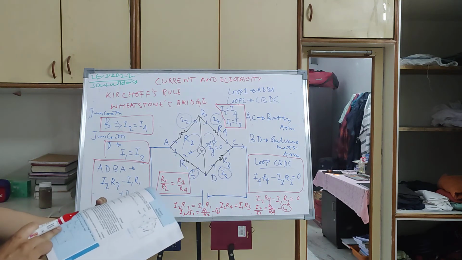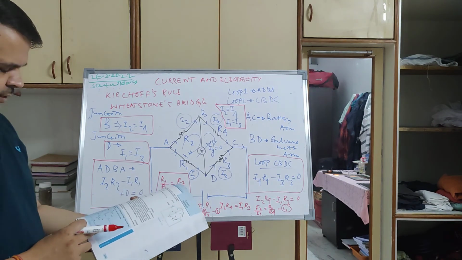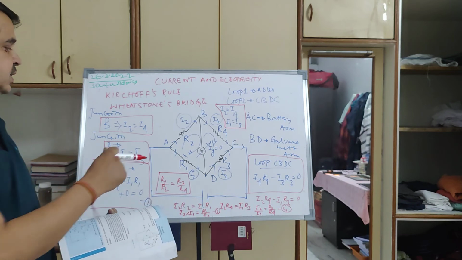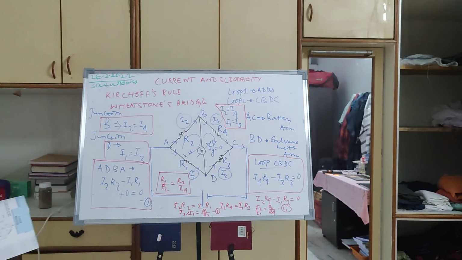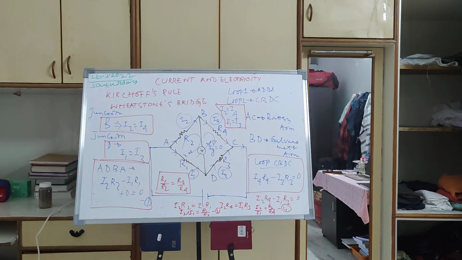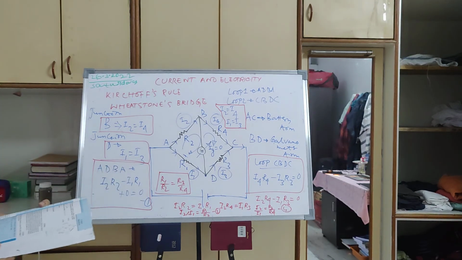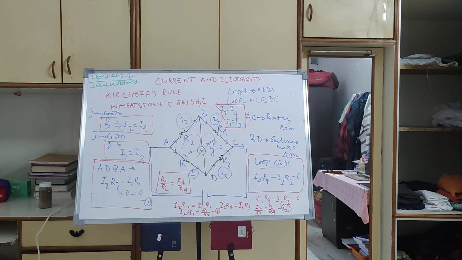So there can be a generalized case. In this case the main governing thing is that the resistance of the galvanometer is 0 and the current flowing through it is also 0. If it were not 0, there would again be one more term. So you can have a generalized case in which the galvanometer has some resistance.